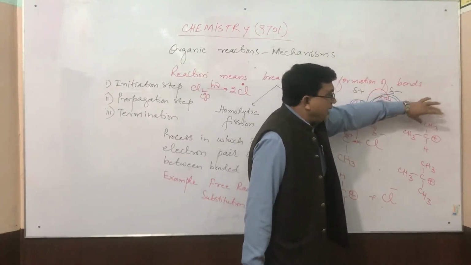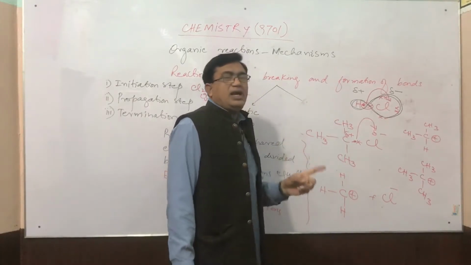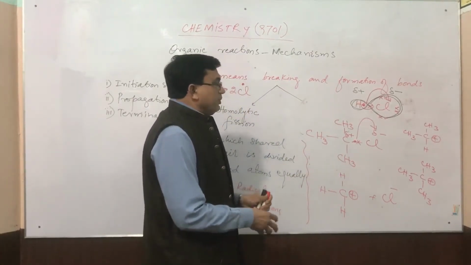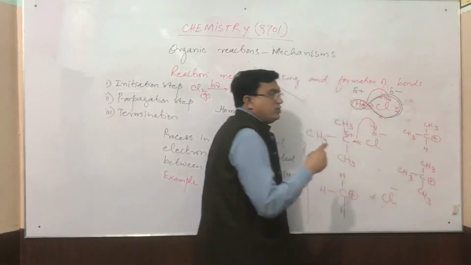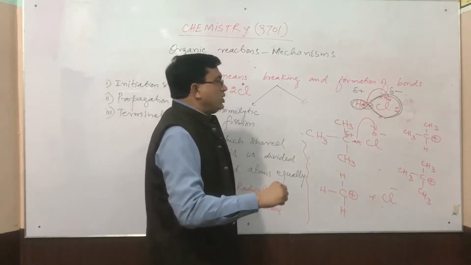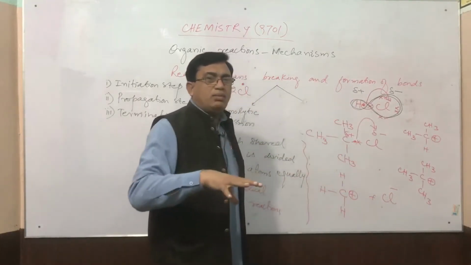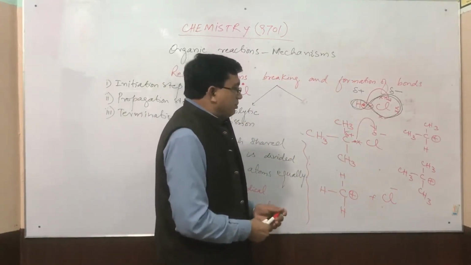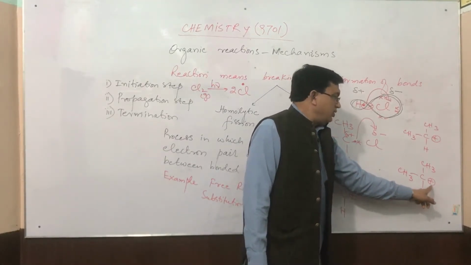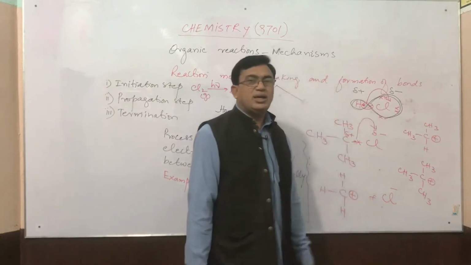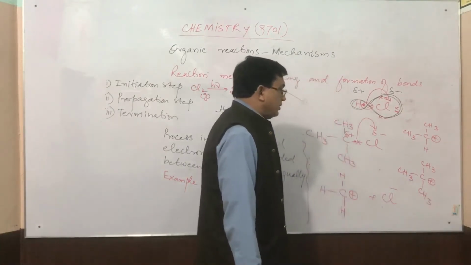Actually, all alkyl groups have a positive inductive effect, and they provide electrons to the positively charged carbon atom, due to which the positive charge on the carbon decreases most in the case of the tertiary carbocation, which reduces its reactivity and increases its stability.